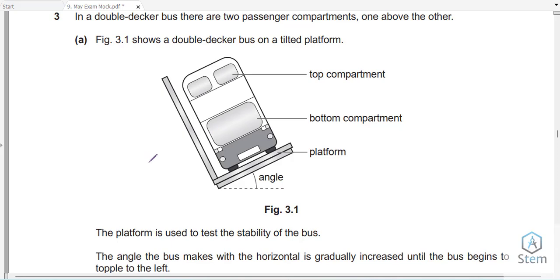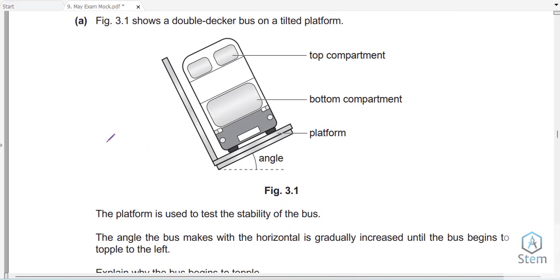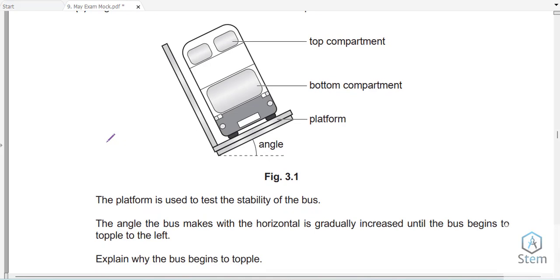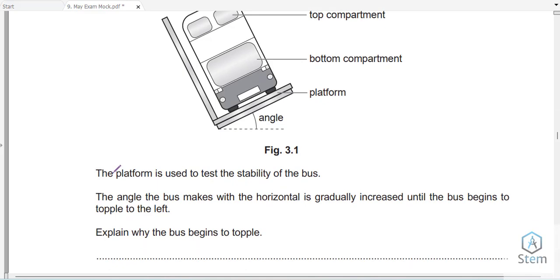So, this bus is being tested for stability. The angle the bus makes with the horizontal is gradually increased until the bus begins to fall over, which is toppling. Explain why the bus begins to topple.